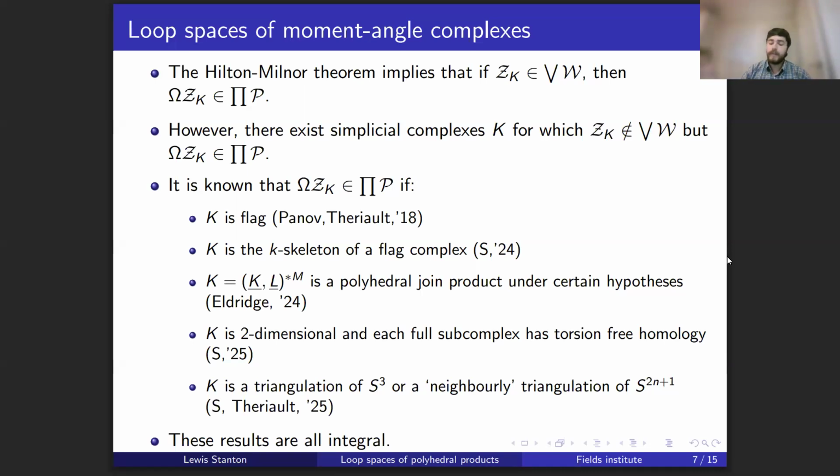And in those cases, if you have some torsion, you do get these Cohen-Moore and Eisenberg spaces showing up, as well as some indecomposable 2-torsion spaces as well. And finally, for the manifold case, if K is the triangulation of S^3 or a neighborly triangulation of S^{2n+1}, then me and Stephen Theriault showed it's true for these as well.